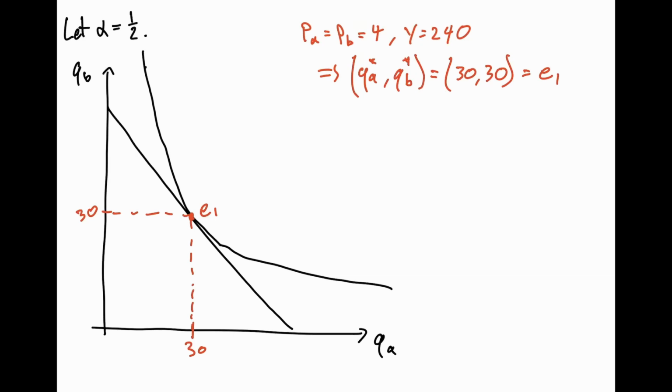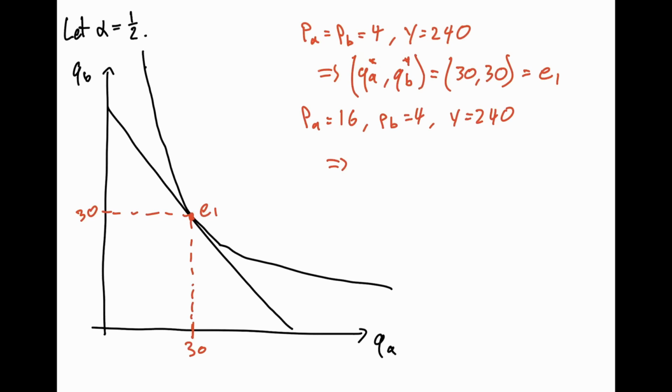Okay. So then let's check a second point where we have the price for A equal to 16. So we've gone from 4 to 16. The price for B stays at 4, and our income stays the same. So this definitely leads towards a lower quantity, which gives us a lower utility.